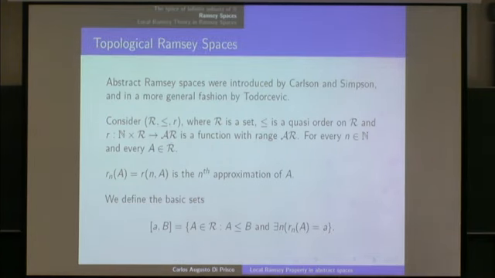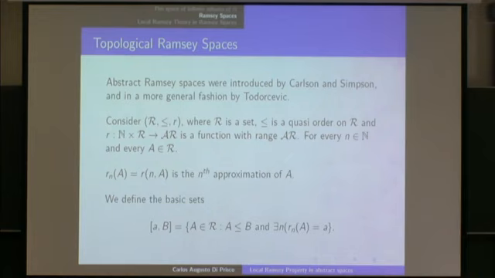So I would like to mention now a general framework for developing these ideas that was originally introduced by Carlson and Simpson, and later developed or modified by Todorcevic, which we will call topological Ramsey spaces.